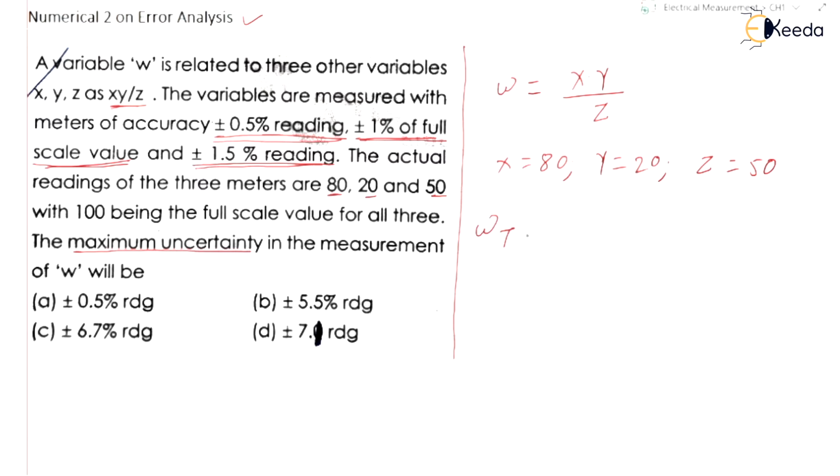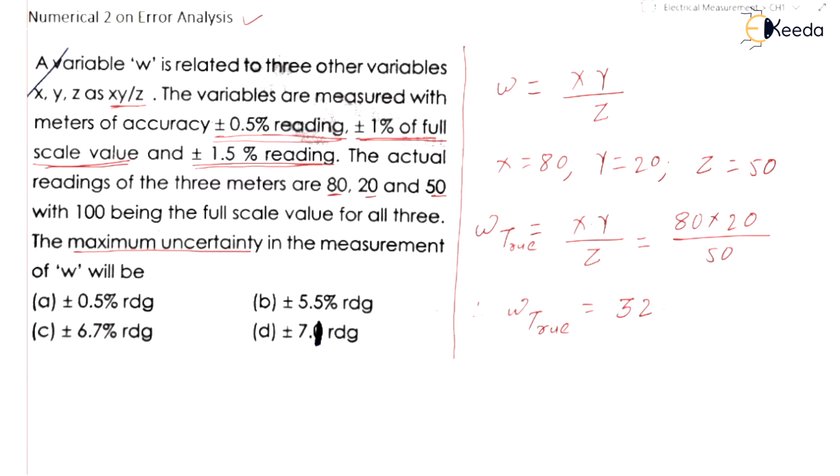Now, can we find the true value of w? I am writing it as w true, that is, the true value of w is equal to x into y by z. So we can write it as x is 80 into y is 20 divided by z is 50. So the true value of w is equal to 80 into 20 by 50, so it is 32.